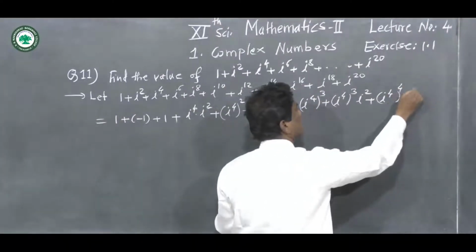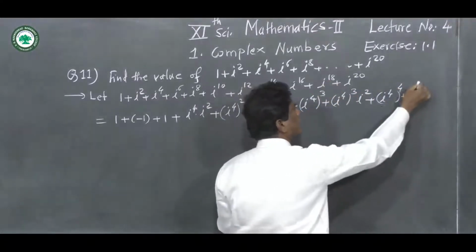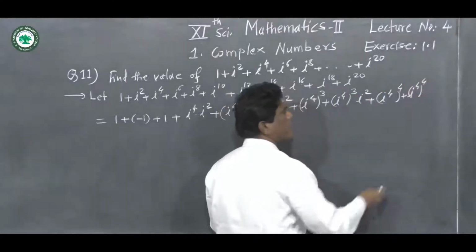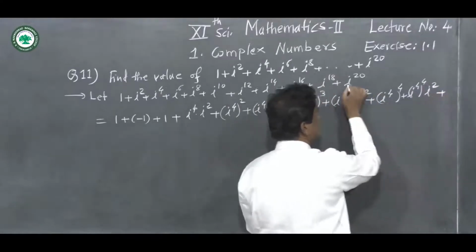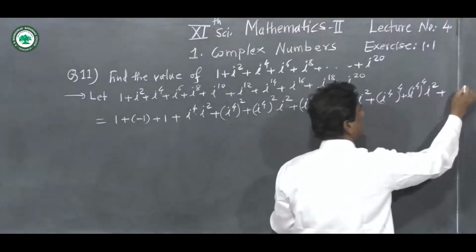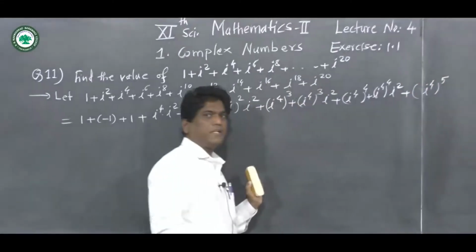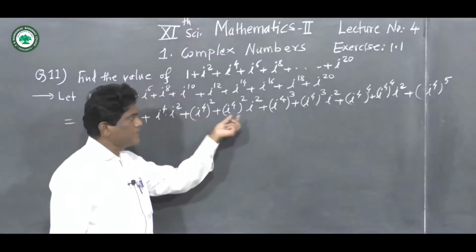Plus i to the power 18: divide 18 by 4, we get i to the power 4 to the power 4 and i squared. Plus lastly i to the power 20, we write as i to the power 4 to the power 5, 4 times 5 is 20.